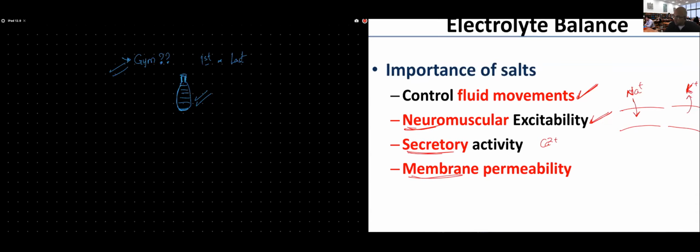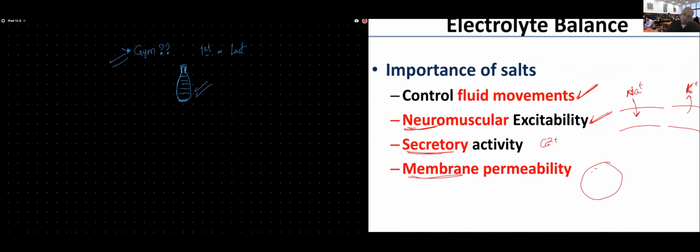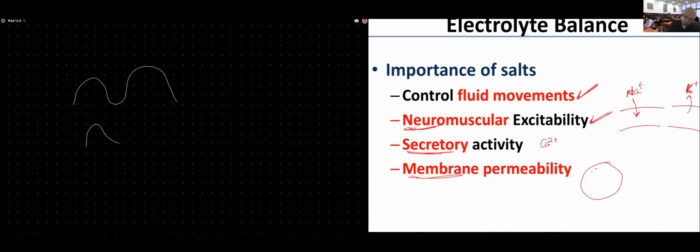For example, if you remember from last meeting, I allowed the glucose reabsorption to take place in the proximal convoluted tubules by co-transport with sodium.